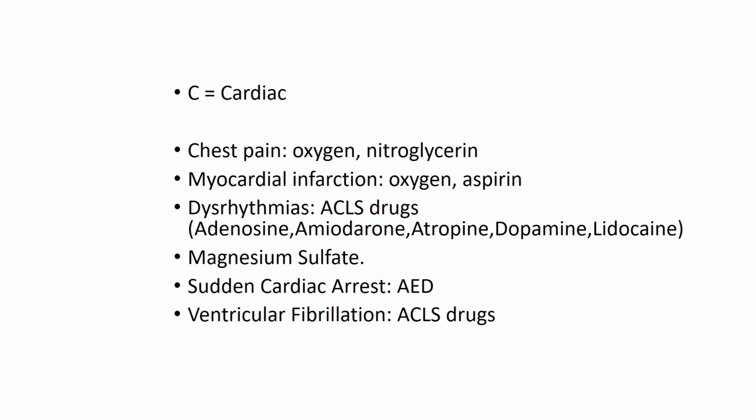For dysrhythmias, we can utilize advanced cardiac life support drugs, for example, adenosine, amiodarone, atropine, dopamine, lidocaine, and magnesium sulfate. For sudden cardiac arrest, initial treatment should start with the use of automated external defibrillator. And for ventricular fibrillation, we can utilize the advanced cardiac life support drugs.